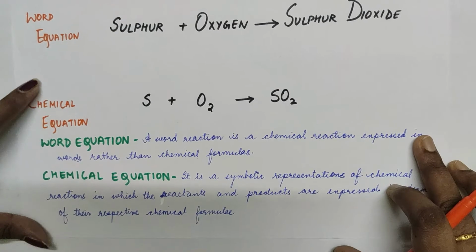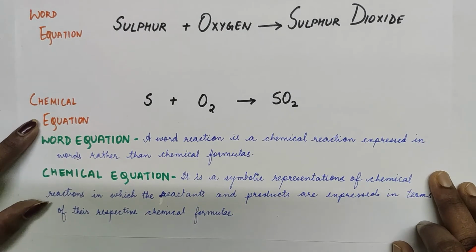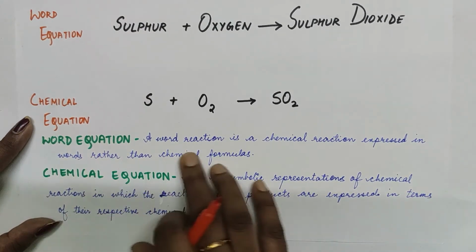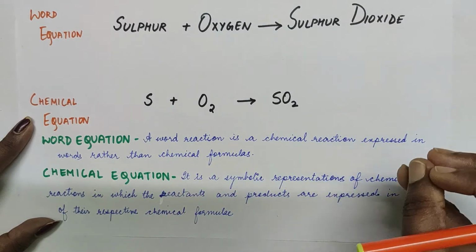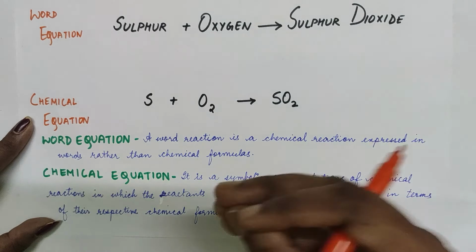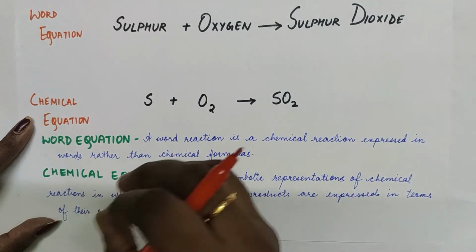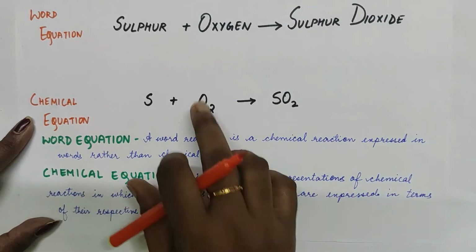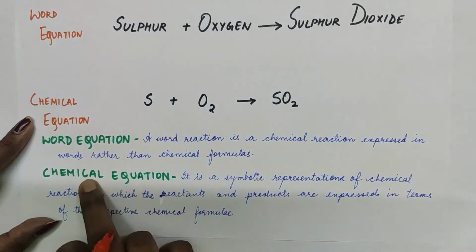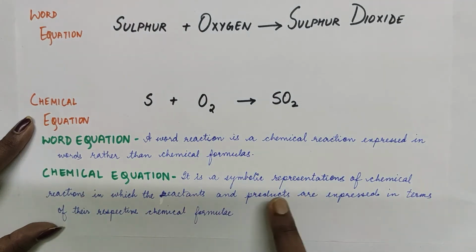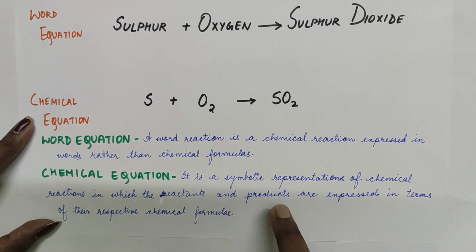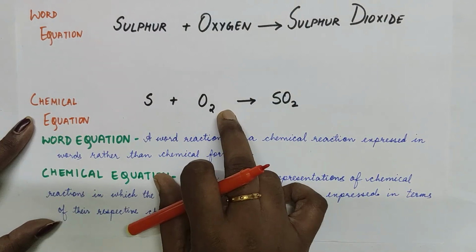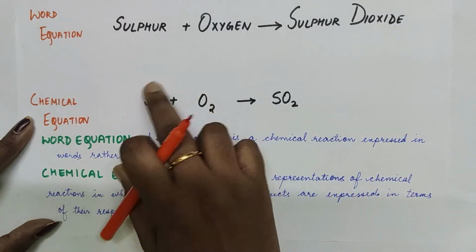So how can I define a word equation and a chemical equation? A word equation is one where a chemical reaction is expressed in words, and we are not using any formulas here. A chemical equation is a symbolic representation of the chemical reaction in which the reactants and products are expressed in terms of chemical formulas.